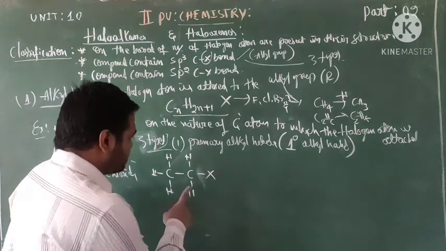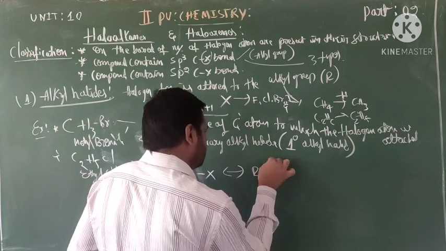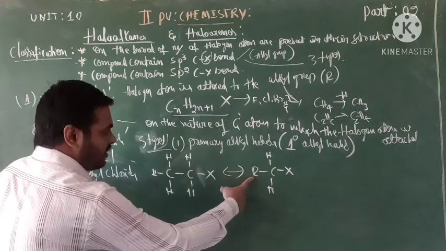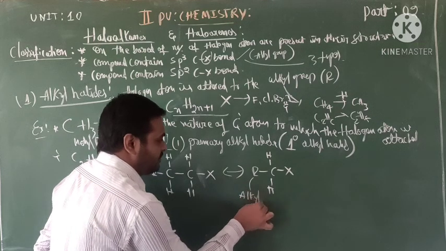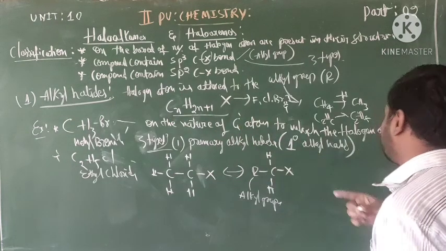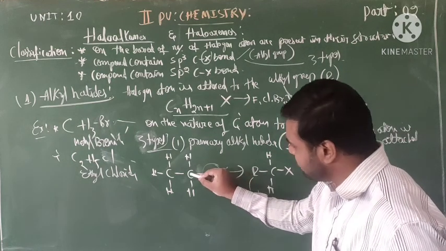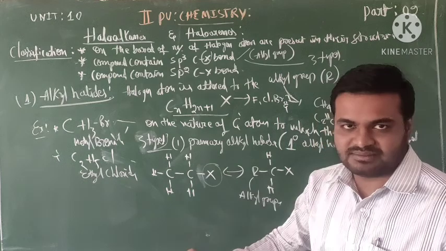Okay. So the general representation is R-CH2-X, where R represents an alkyl group. Now we define primary alkyl halides. The halogen atom is bonded to the primary carbon atom.